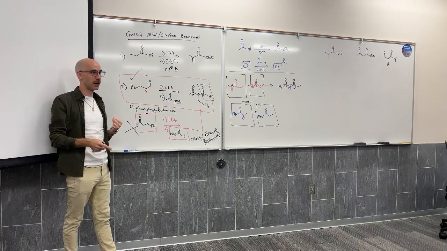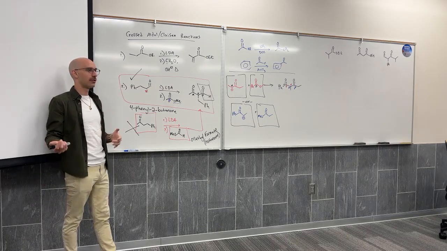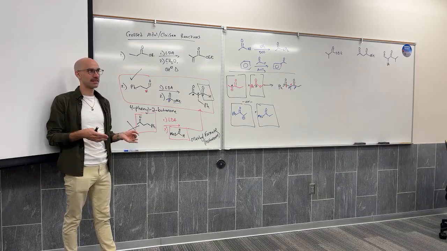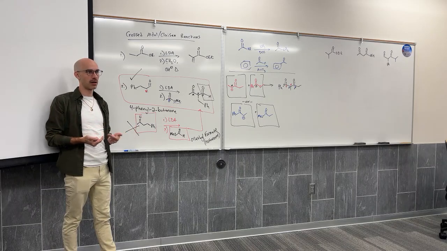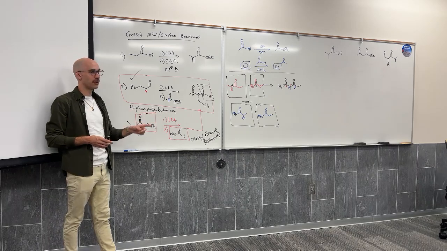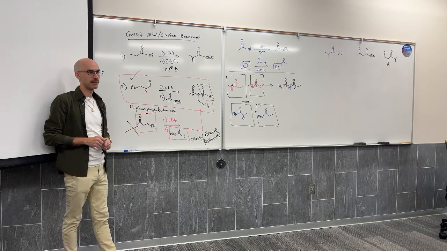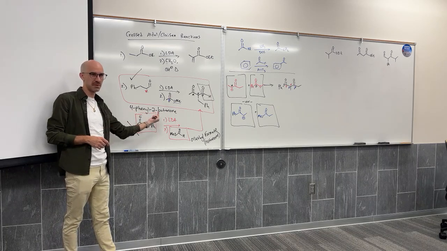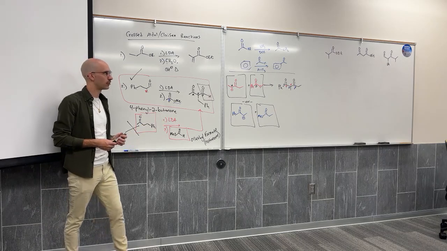There is no 1-butanone, because that's butanal. There is no 3-butanone, because that is 2-butanone, just numbered wrong. And there is no 4-butanone, because that's butanal. So if you gave this to me as 4-phenylbutanone, I would totally accept it. But it is really common to see butanone labeled with that 2.